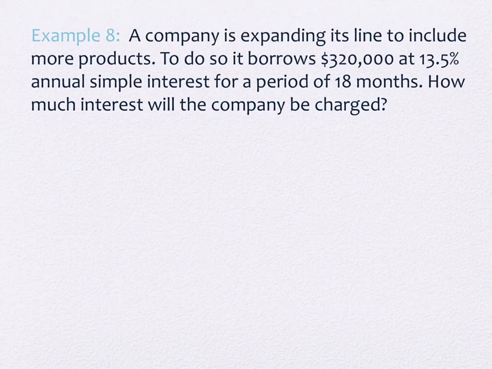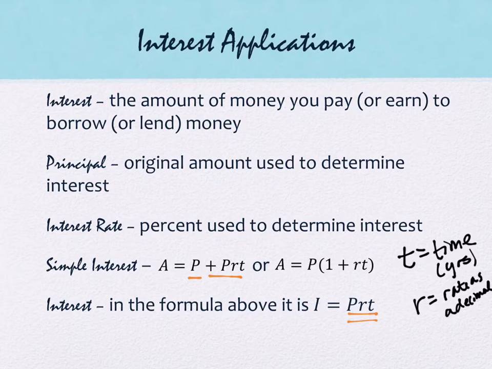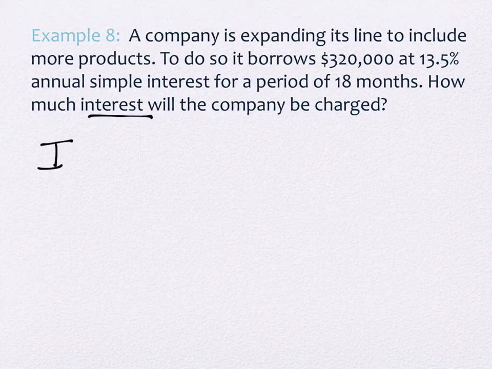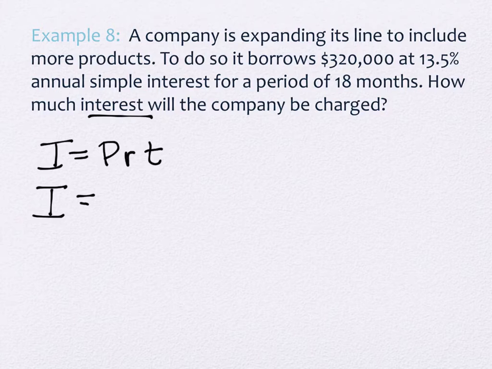Okay, so coming back over here. They borrowed $320,000, 13.5% interest, period of 18 months. How much interest will the company be charged? If I'm only finding interest, that last equation on my slide is the one we're going to work with. I equals PRT. So I, interest, is what I'm looking for.